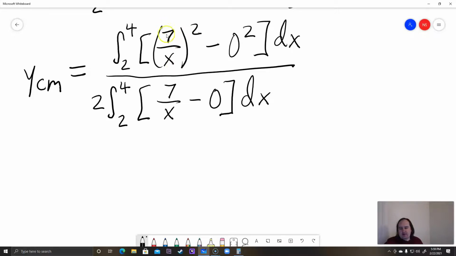So now we've got our setup for our y center of mass. Now how do you square a fraction like this? You can actually just go ahead and distribute the square to the top and the bottom. So on the top, we're going to have 7 squared is 49, and then on the bottom, we're going to have x squared.